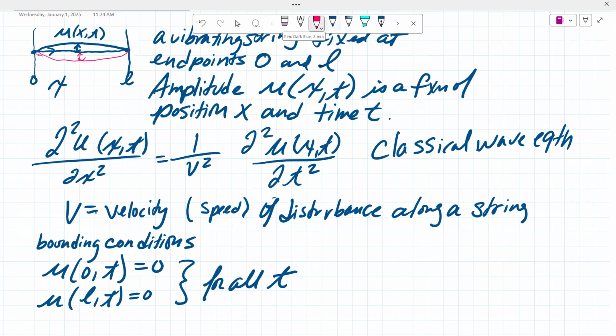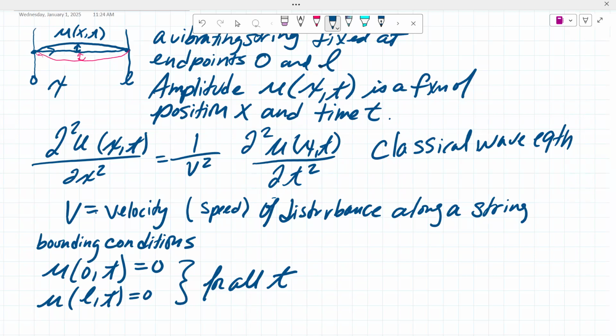If you've ever seen pictures of a guitar string, which has a larger displacement, with strobe lights you can see how that looks when you're playing a sound. So that's what we have here for our bounds.